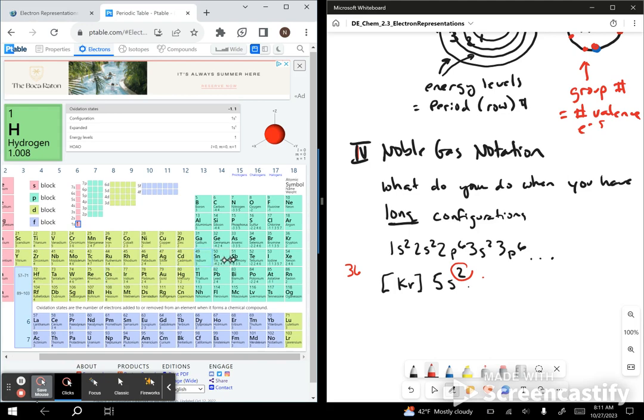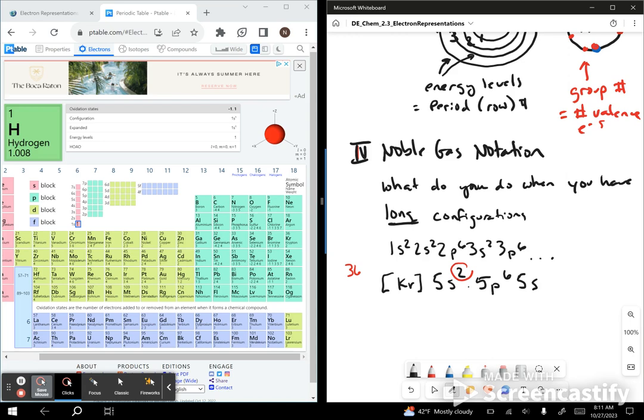So I'm going to do all of my p's over here. So this is going to be 5p6. What comes after? You have the s, the p's, and the next one you have are the d's. 5d, and you can have up to 10 in there.